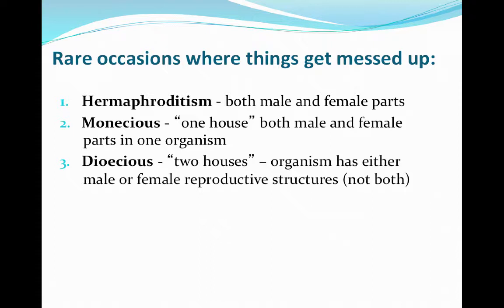A second condition is where both the male and the female parts occur in one organism, which we call monoecious. That means there is only one house, or one individual organism, that possesses both male and female parts. The opposite of that is where the individual only has either male or female parts, but not both, and that's called dioecious. That's where we see two houses that have to come together to produce offspring.